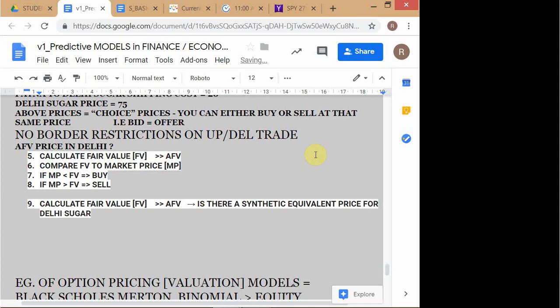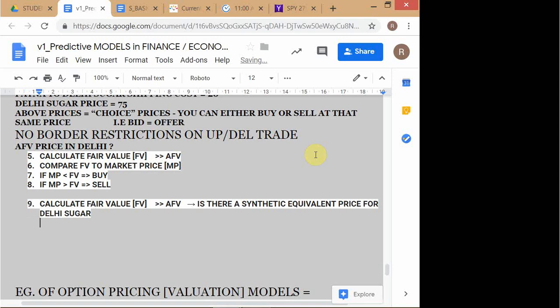The answer is yes, and that is sugar bought in Patna but transported from Patna to Delhi. If you are able to do that, it is the same as sugar bought in Delhi. So that's what I'm calling a synthetic equivalent, okay?